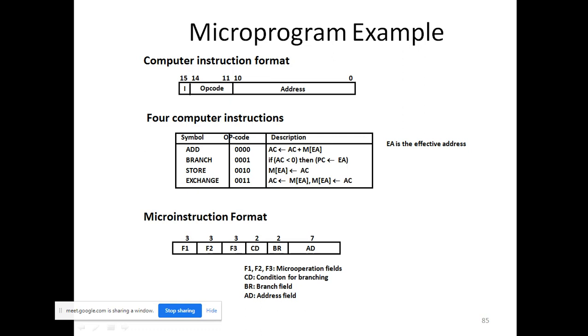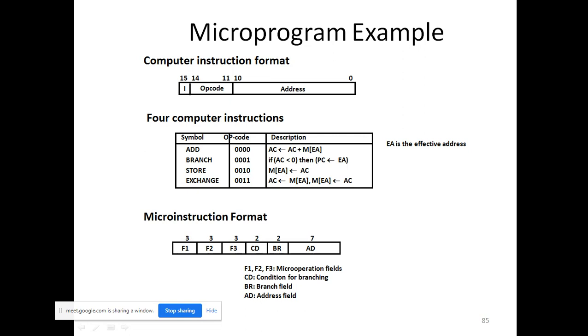I think everyone knows the add instruction, store instruction, exchange instruction, and branch. Branch is nothing but a instruction based on a condition. If the accumulator is not negative, at that time it proceeds to the next instruction. That is based on a condition operator.